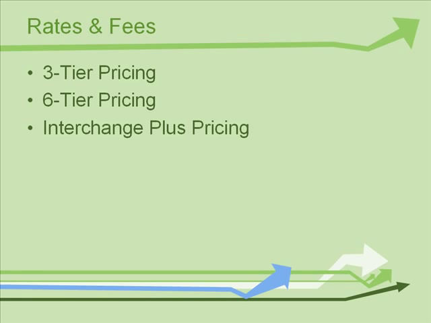So it could be 0.25%, or what's called in the industry 25 basis points, or it could be 50 basis points, 100 on top of whatever interchange is.